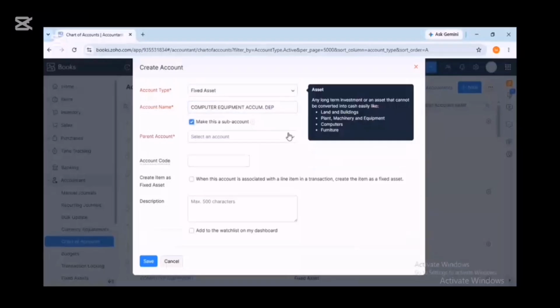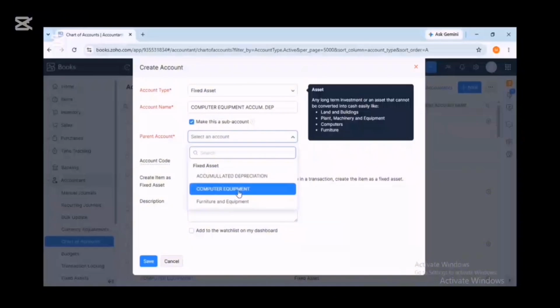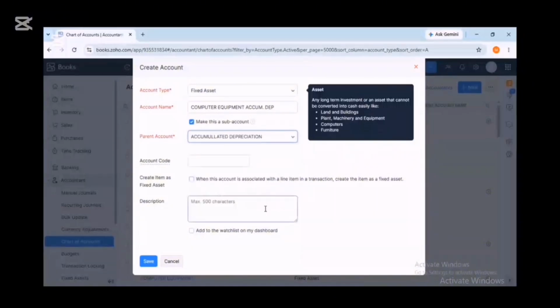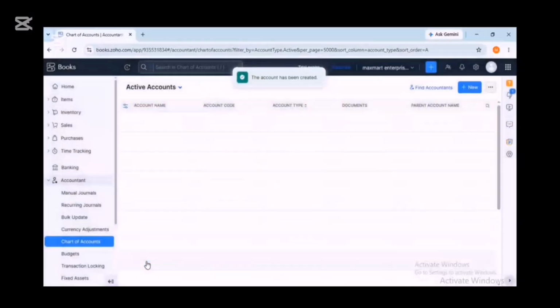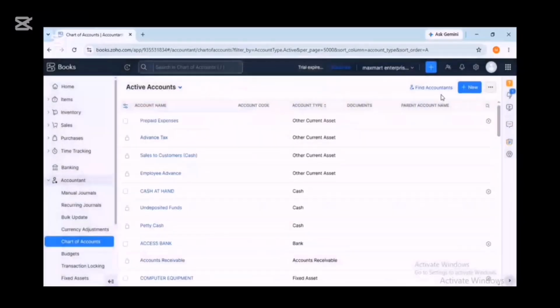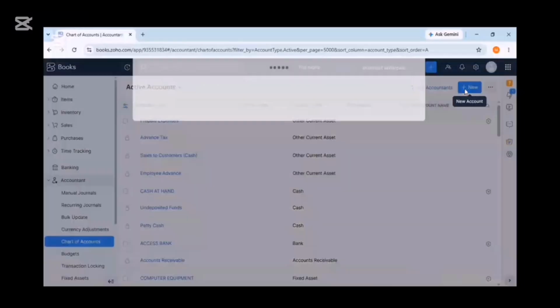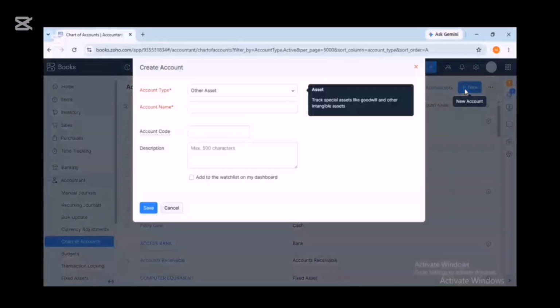This is the account that holds the amount of depreciation for computers at a particular period. See the parent account, it will be under this accumulated depreciation in the balance sheet. Save. That's right.